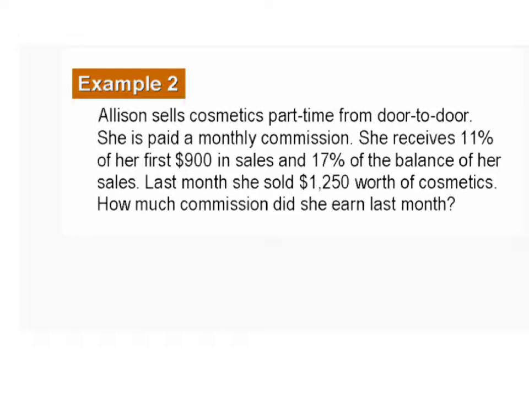So we're going to go 900 times 11% as a decimal, which is 0.11, and we get $99. And then we're going to figure out, by subtracting 900 from her total sales, how much she had at the different rate. And it was 350.